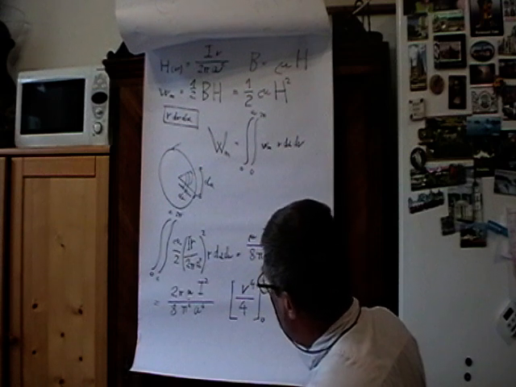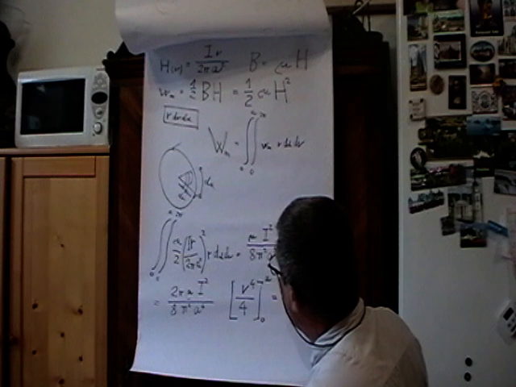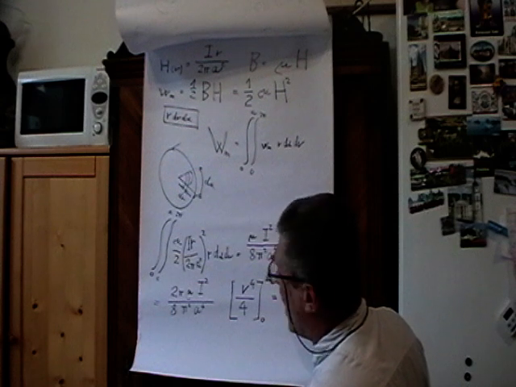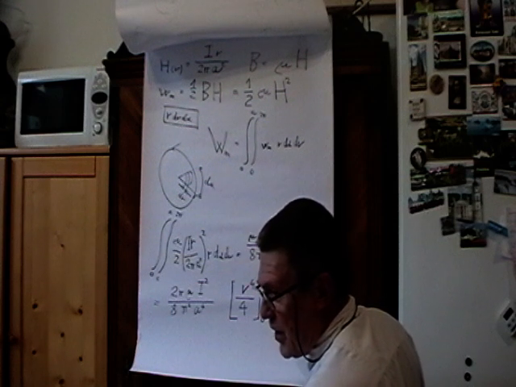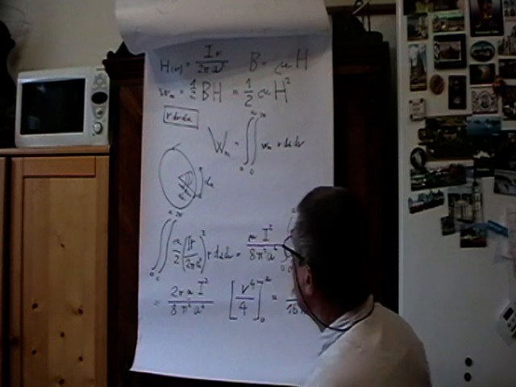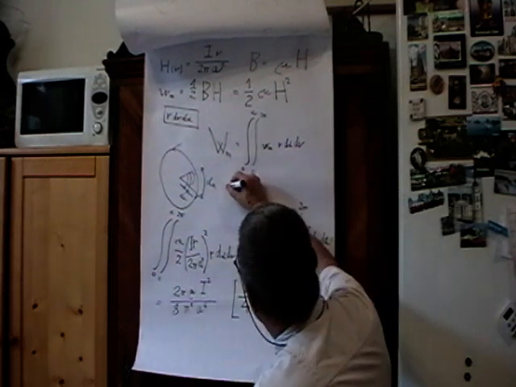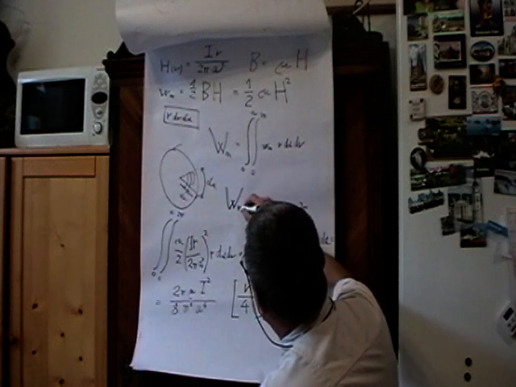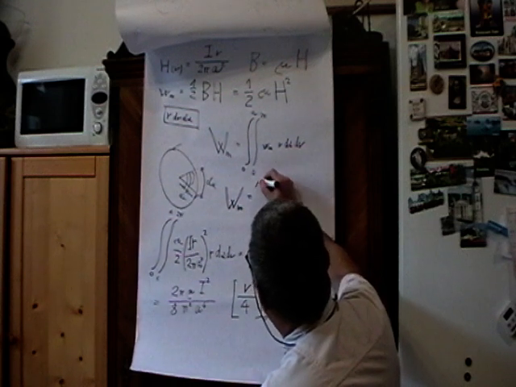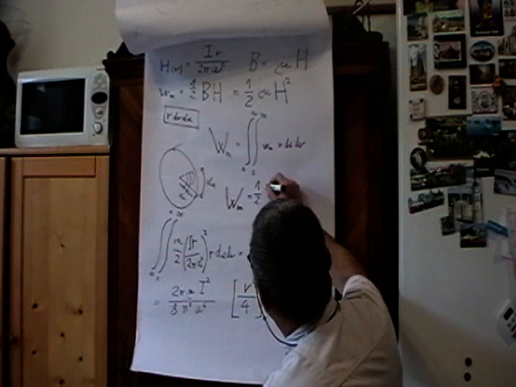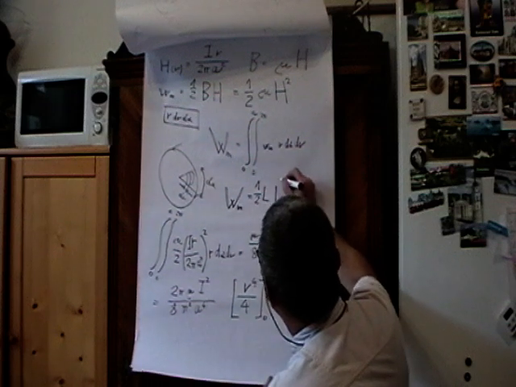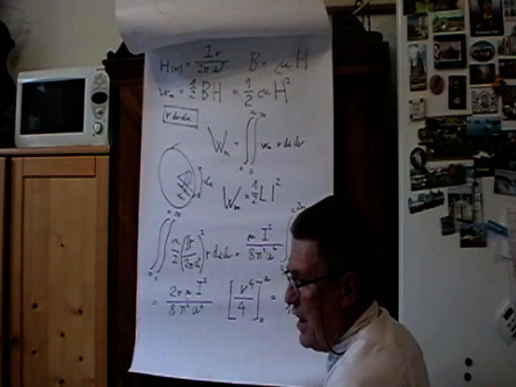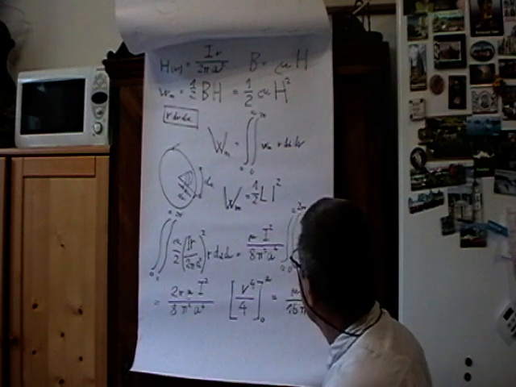Now, having that in mind, we can return to our energy definition of an inductor, which in fact said that for a linear inductor, the energy of magnetic field is 1/2 of the inductance times current squared.